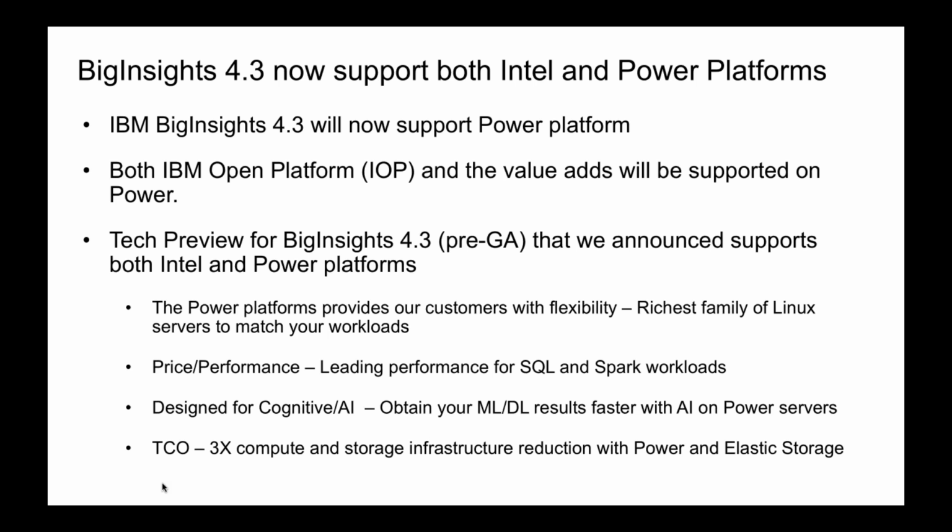This allows an alternate configuration to the classic local storage model where you can have this separation of storage and compute, and with that both use Power servers on the compute side and then this Elastic Storage Server storage appliance, which also uses Power servers internally, to really allow you to right-size the Hadoop environment.